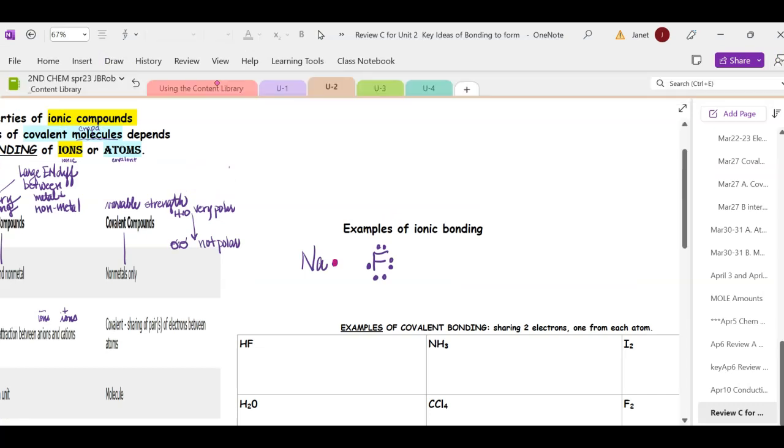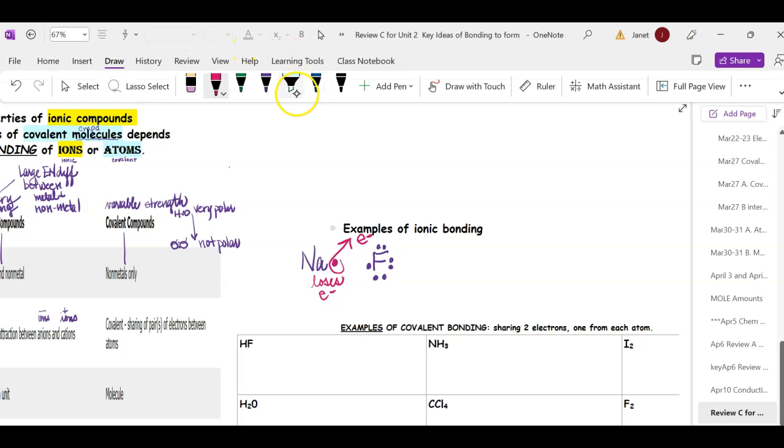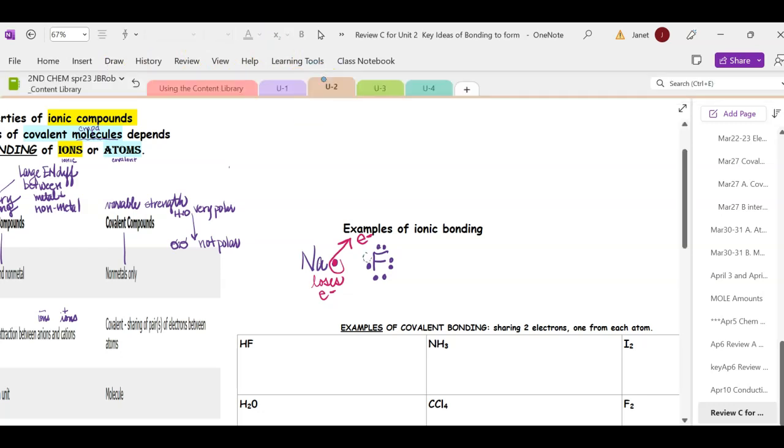What happens is that sodium loses its electron to the environment, and fluorine has a vacancy right here, so it lassos the electron and brings it over.